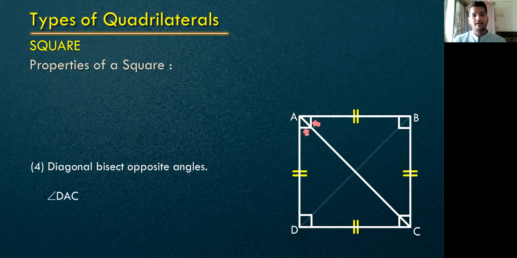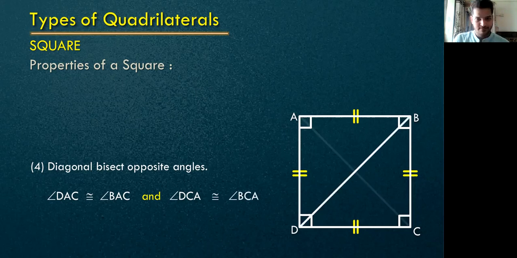That is angle DAC as the first part and angle BAC as the second part. Similarly, angle C is also divided into two equal parts. Let us name them angle DCA and angle BCA. Alright, students? Perfect.